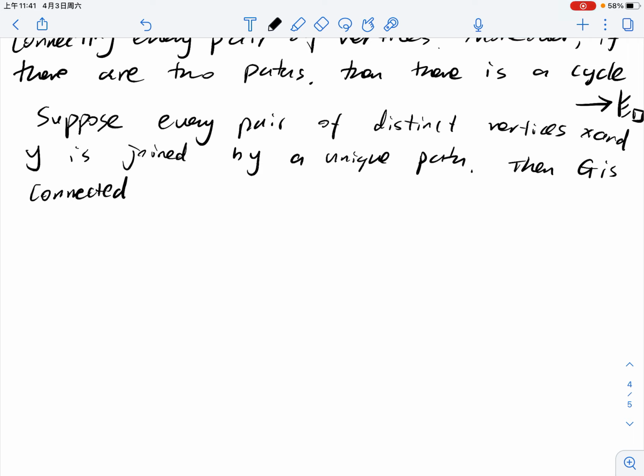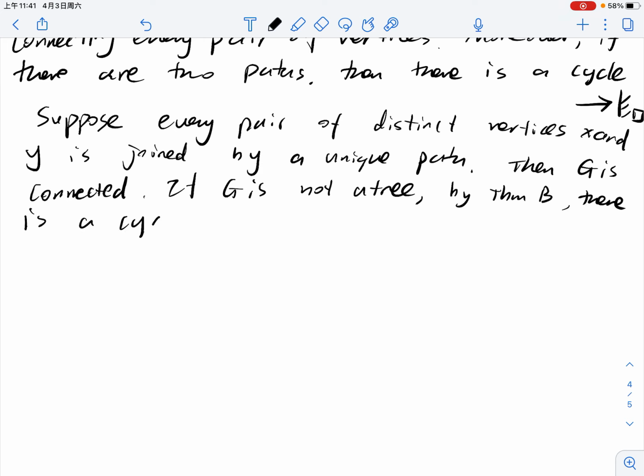This is a corollary that can be derived from the property. So first G is connected, then if G is not a tree, then still by theorem B, there is a cycle. Then this is a contradiction, because whenever you have a cycle, you have two paths connecting a certain pair of vertices.